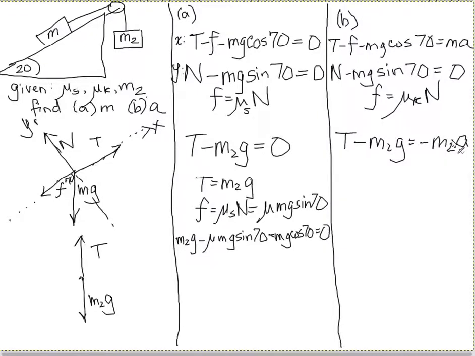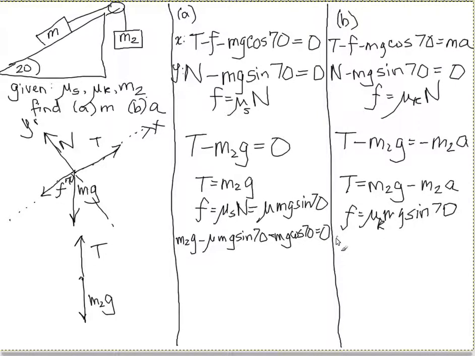So now we have 4 more equations that we can put together. This time we're looking for a. So from this equation right here, I'm going to figure out that tension is equal to m2g minus m2a, and that's going to go in there. Friction, just like before, is equal to mu times the normal force, which, just like this, is mu mg sine 70, but the difference is that this is now mu sub k.